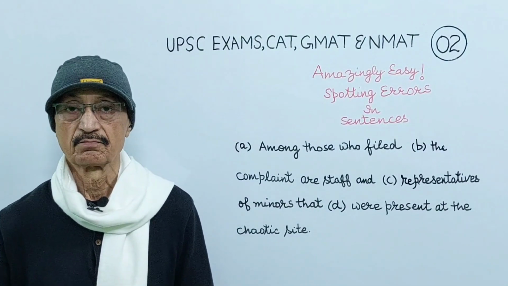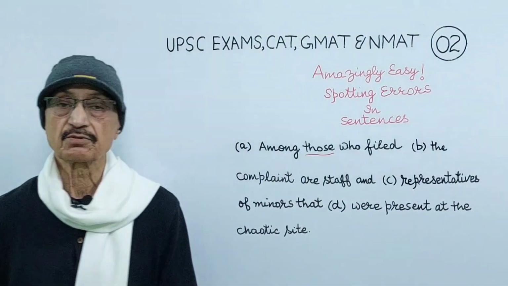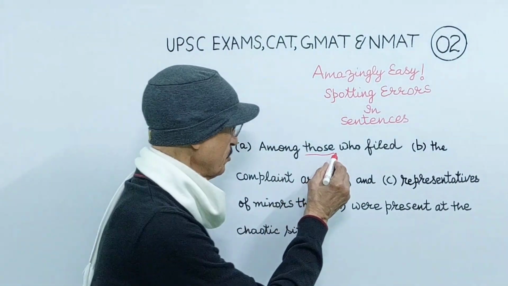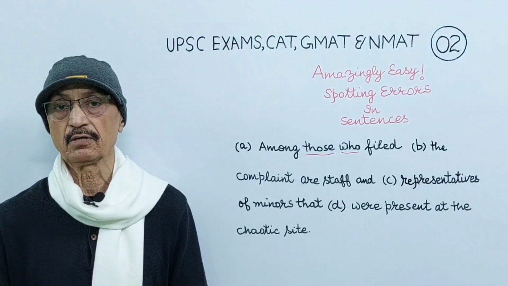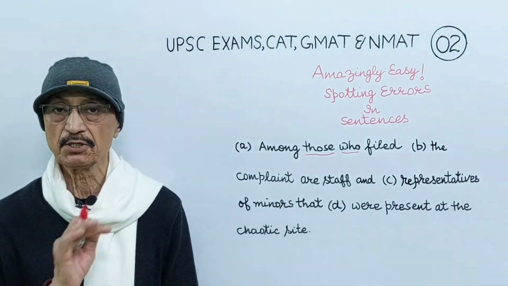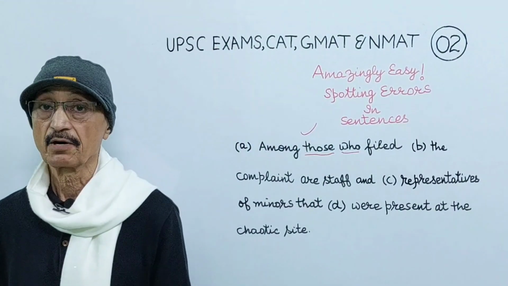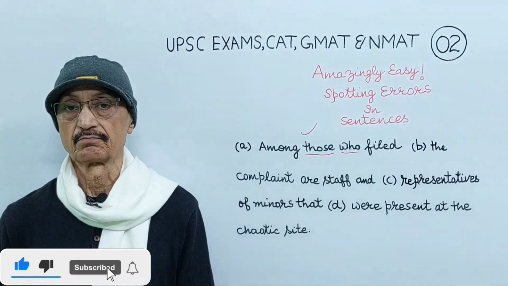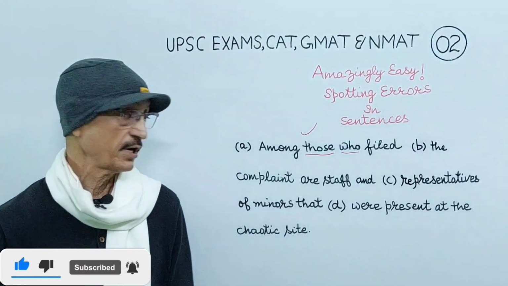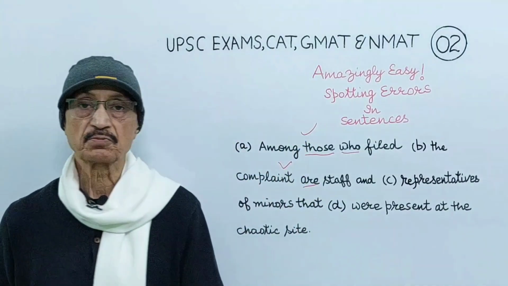This is correct because this antecedent and this relative pronoun relationship is correct. So, this part is correct. Take part B. The complaint are staff and. This is also correct. Are we have taken because the subject is plural.